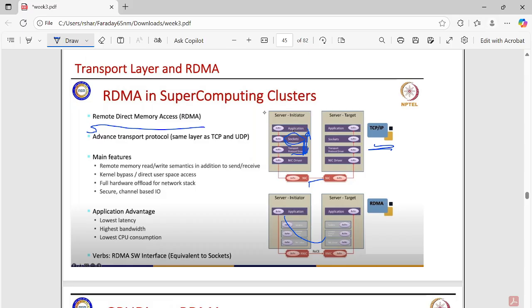The latencies are in the order of some microseconds, or actually hundreds of nanoseconds.